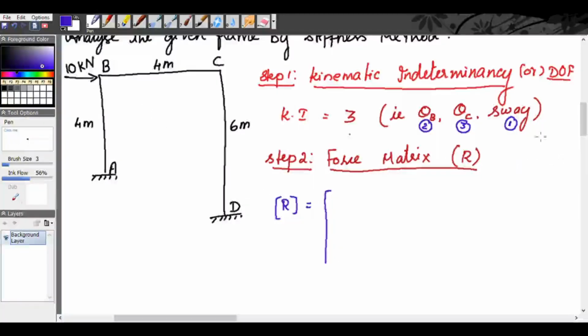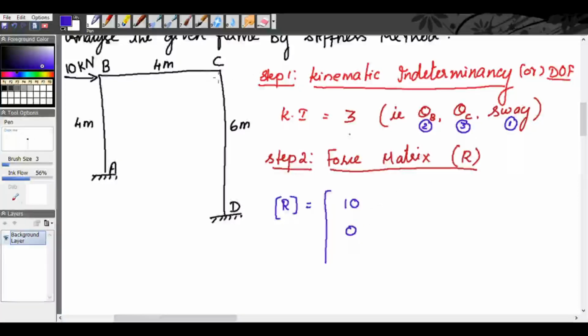first, the load responsible for sway, that is 10 kilonewton. If there is a rotation at B, we have to consider a moment at B. Here we don't have a moment at B, so we take moment at B equal to 0.